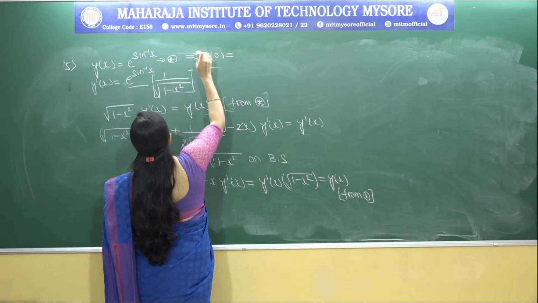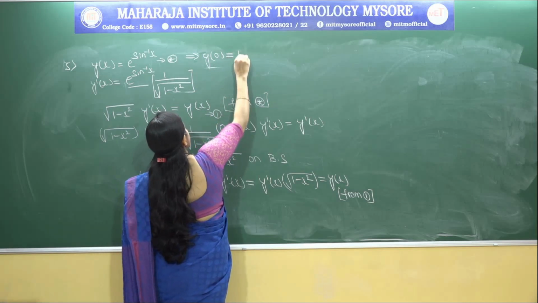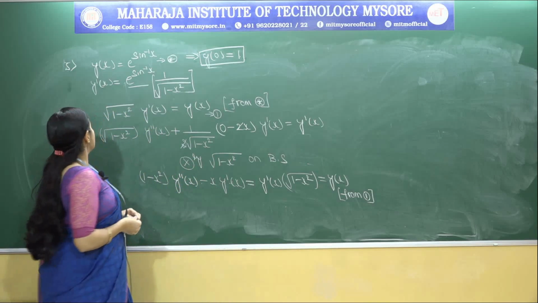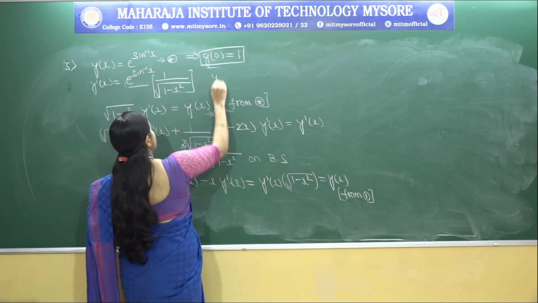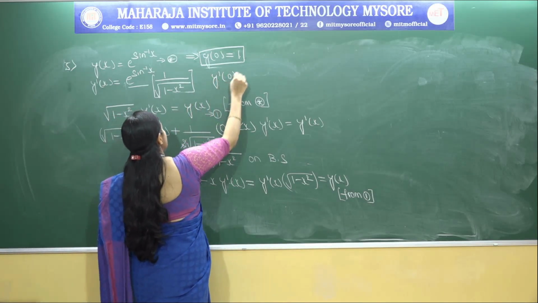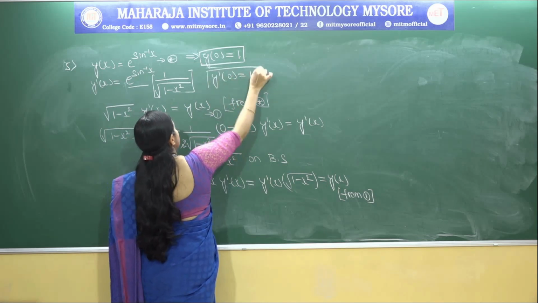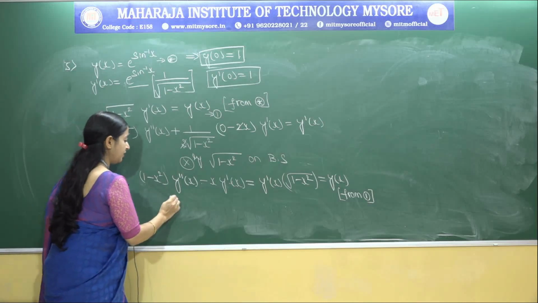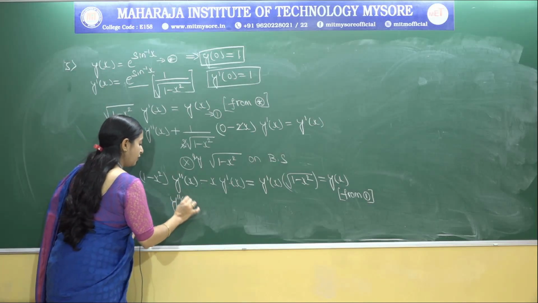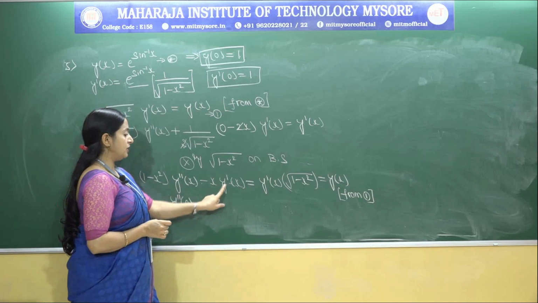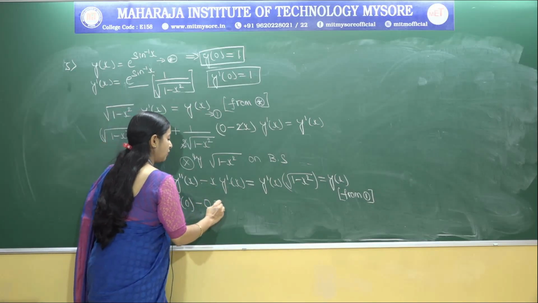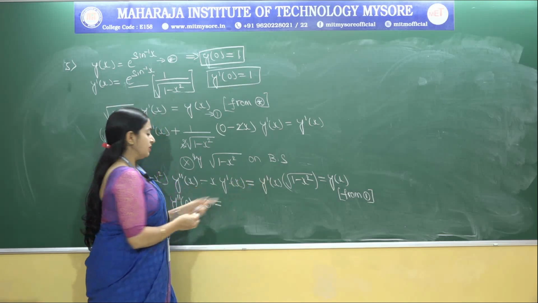For y of 0, sin inverse 0 is 0, e power 0, you will get the term as 1. For the first differentiation, y dash of 0 is also equal to 1. Second derivative, y double dash of 0: since you have the multiplication of x, the term is 0, equals y of x.